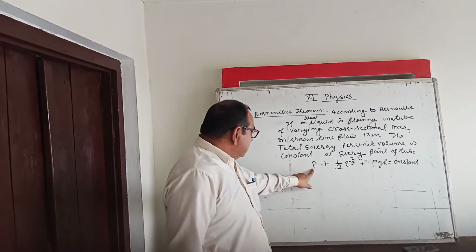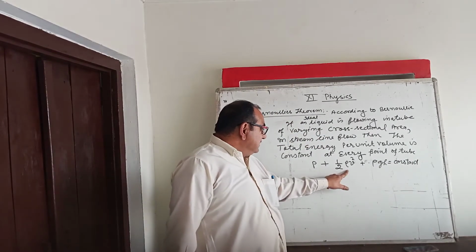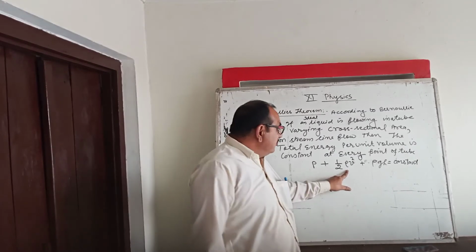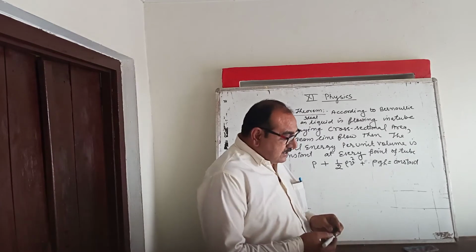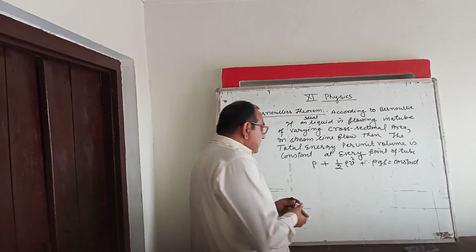This is the pressure energy per unit volume, this is your kinetic energy per unit volume, and this is your gravitational energy per unit volume. Now I want to prove it. Its proof.